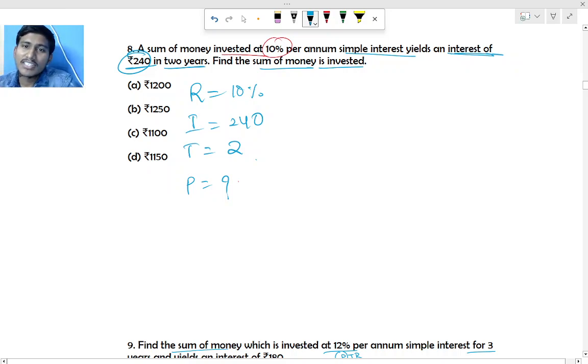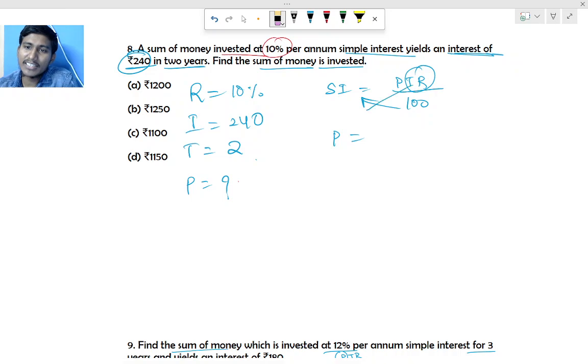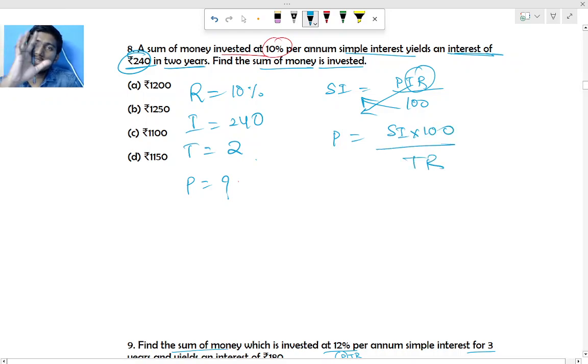So we know simple interest is PTR by 100. If you cross multiply and you want to find principal, it will come this side, P will stay there and RT will be coming down. So simple interest into 100 divided by TR we have to do.